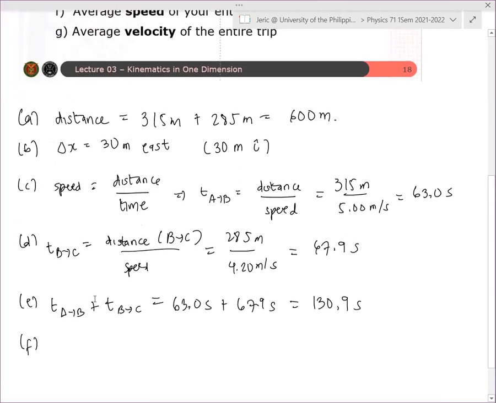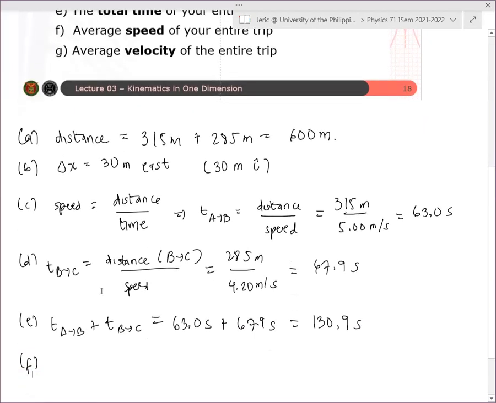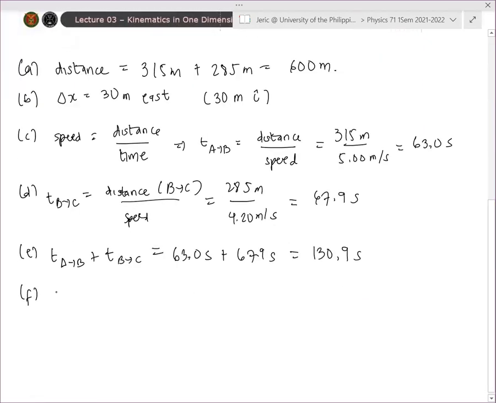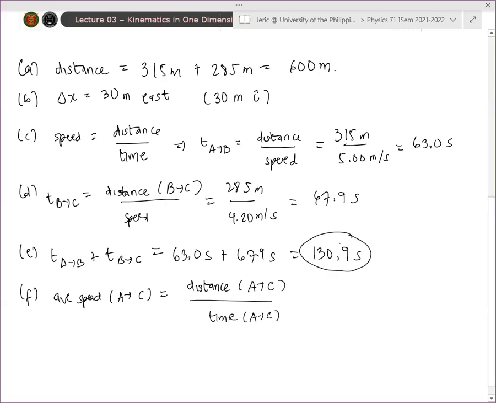Letter F asks for the average speed of your entire trip. So the average speed of your entire trip from A to C is just equal to the total distance from A to C all over the time interval from A to C. So you know already the total time of travel.